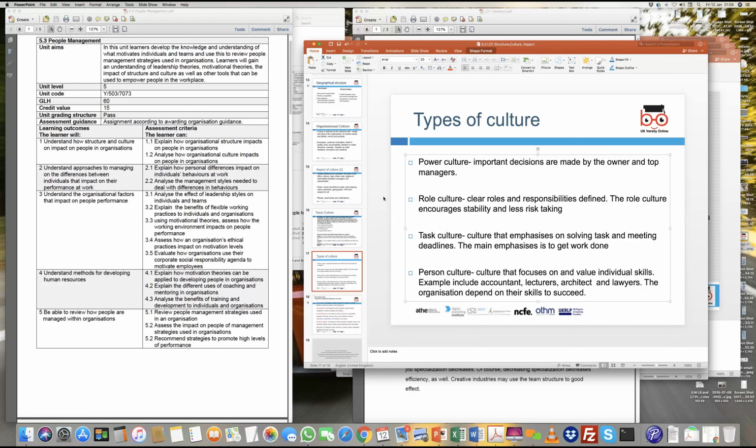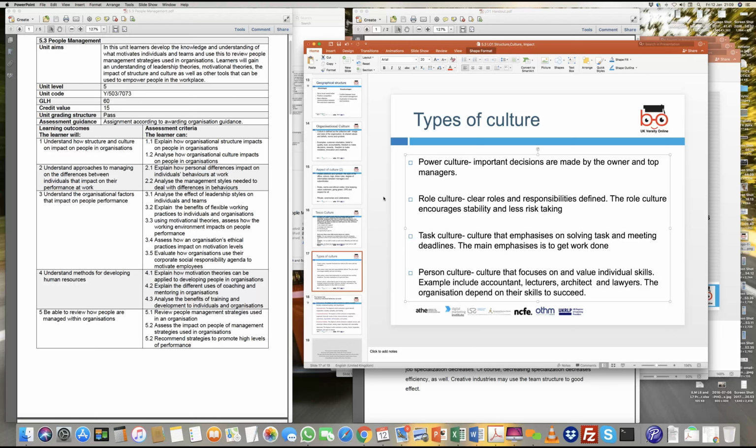A role culture is where the roles and responsibilities are clearly defined. That means if you are a finance manager, you have all the authority to be able to make decisions. If you are working on the shop floor, then you are the person who's able to make decisions without going back to the general manager or a member of the staff.